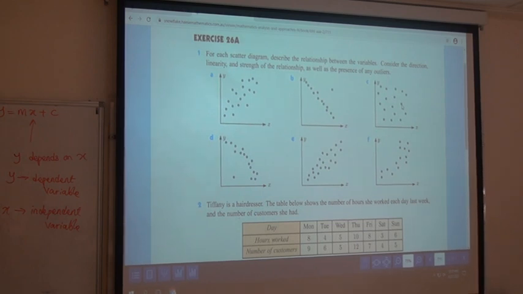King, do you want to try D? D is negative. There's one outlier. Is it moderate, or is it strong, or is it weak? Is it even linear?